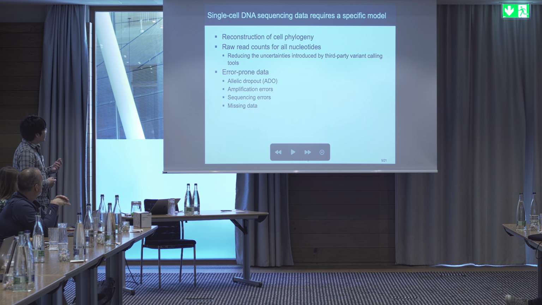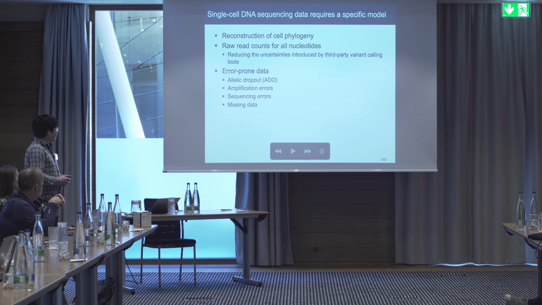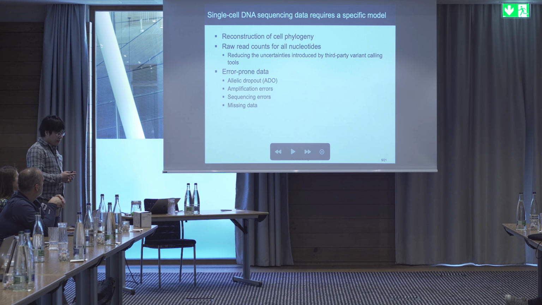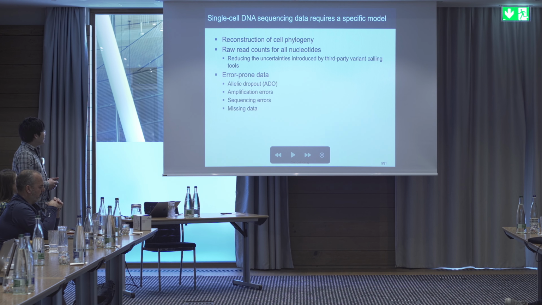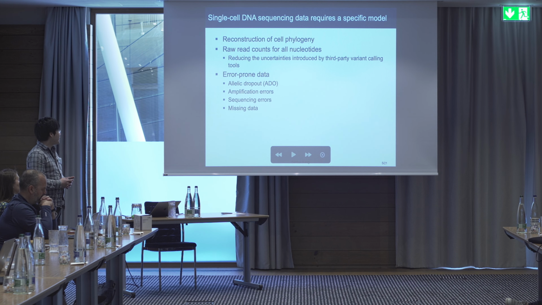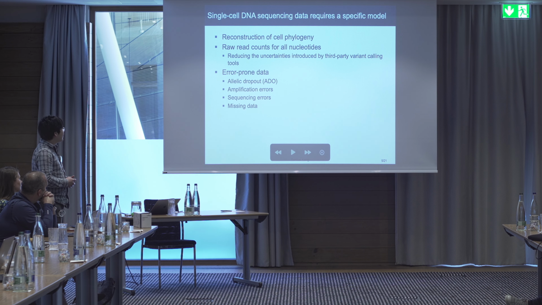As you might know, it is mainly because of technical artifacts. For example, one of the alleles can be completely dropped out during amplification and never be sequenced at all, which is called allelic dropout or ADO. And one of the alleles can be amplified or sequenced into a completely different nucleotide.